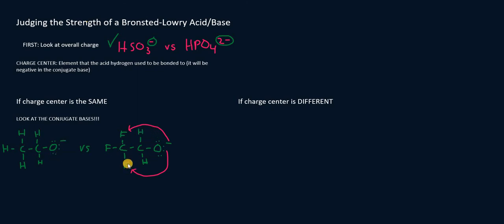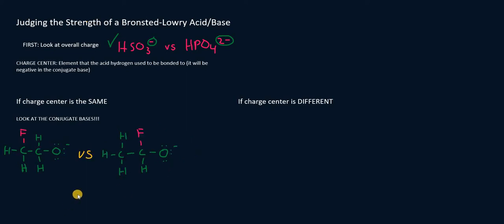Because this molecule is more stable, the acid it came from is stronger. So this conjugate base came from the stronger acid compared to this one because of those inductive forces. So this came from the stronger acid of the two.